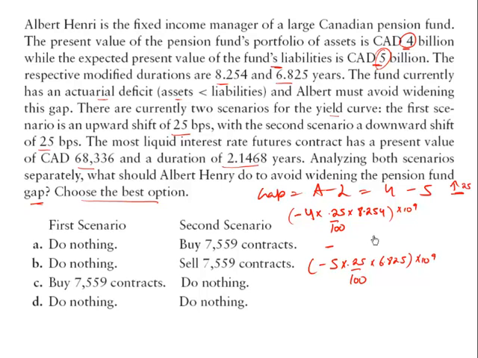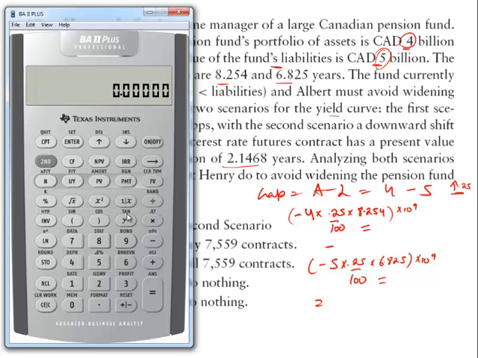This will be in billions of dollars. If you multiply it with 10 to the power 9, we'll get the answer in dollars. Let's first calculate the change in assets. So that will be 4 into 0.25 into 8.254 divided by 100.